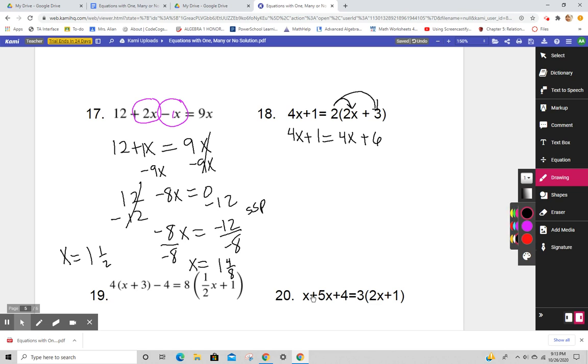So let's get all of the x's on the same side. Let's subtract 4x from both sides. And this will give us 1 equals 6. That's not true, so no solution.